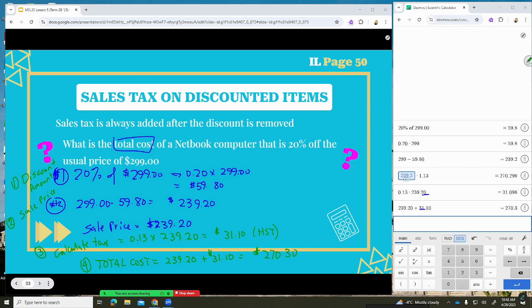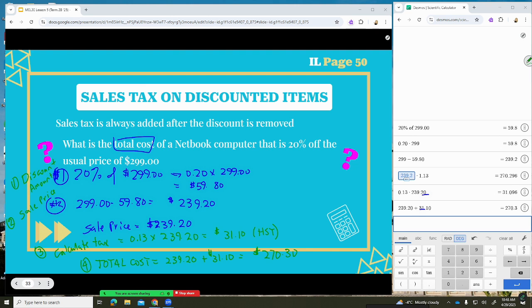And then number 6 goes one step further, and it wants you to calculate the discount and the sale price, then calculate the total price with HST. So this example that I have on the board right now is for completing question 6. You want to work through all 4 of these steps to get full marks in question 6.